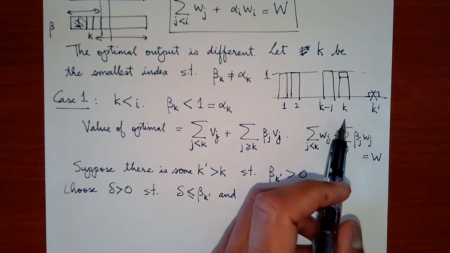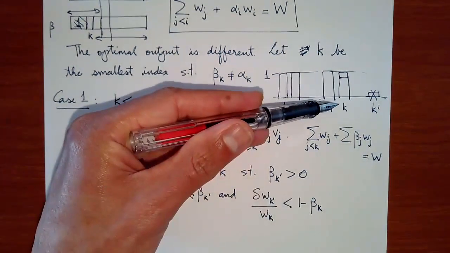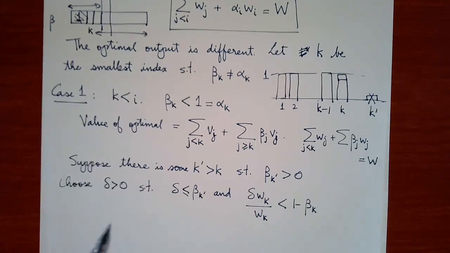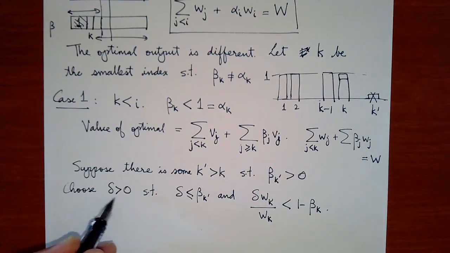Now when you transfer it to k, the fraction of the item that you get is the total weight divided by the weight of this object over here. So you have to choose something that has that property. You can argue that something always exists. There always exists a delta prime satisfying these properties.